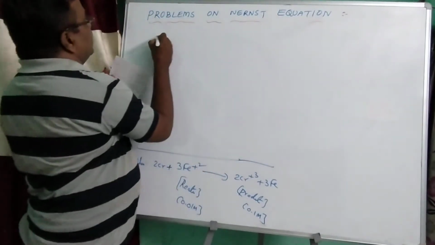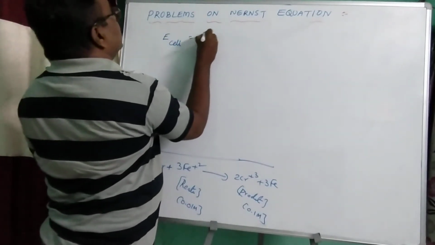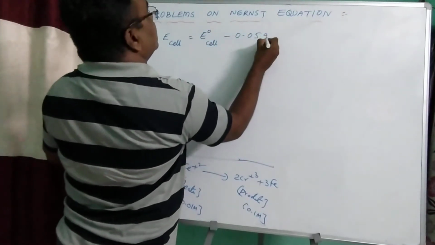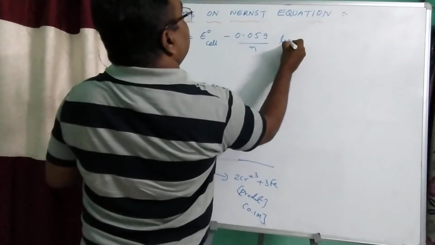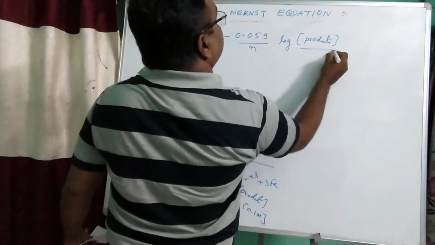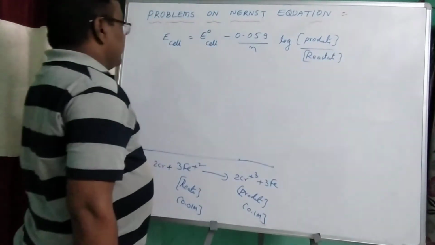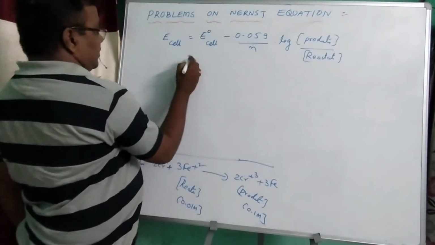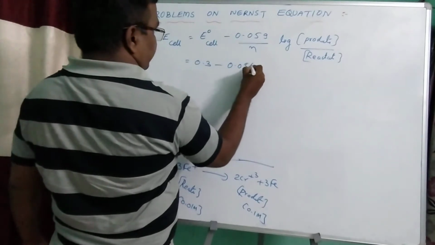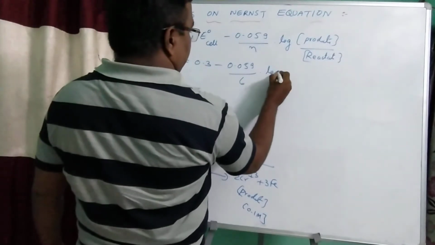Therefore, we know that E cell is equal to E0 cell minus 0.059 by n into log products concentration by reactants concentration. E0 cell is equal to 0.3, minus 0.059 by the number of electrons involved in the reaction, 6, into log.